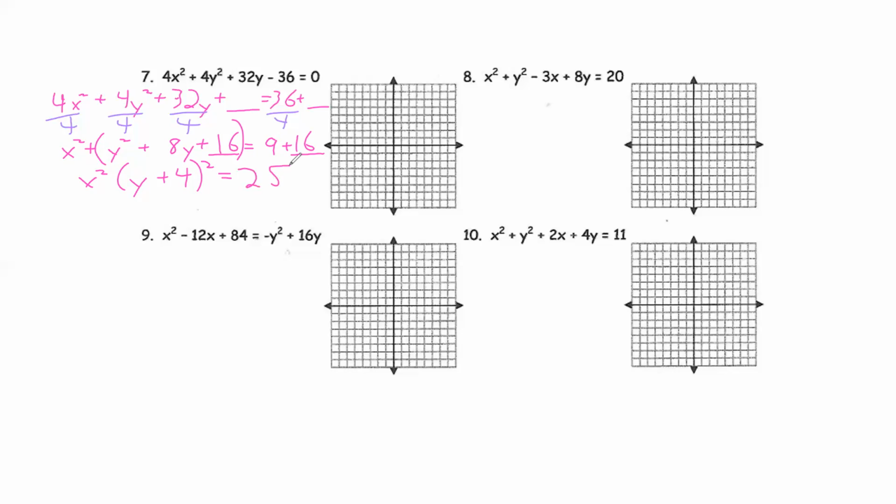I forgot the plus sign. So center is at what coordinates? For x value, it's at 0. The y value, -4. The radius, again, 25 is the radius squared, so square root of that is 5.